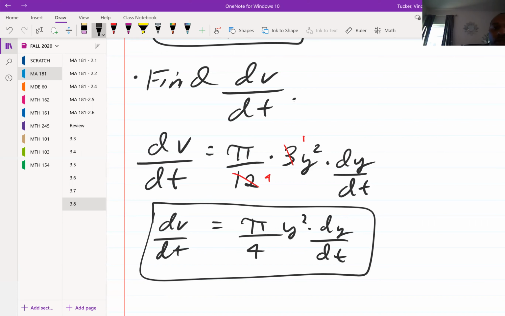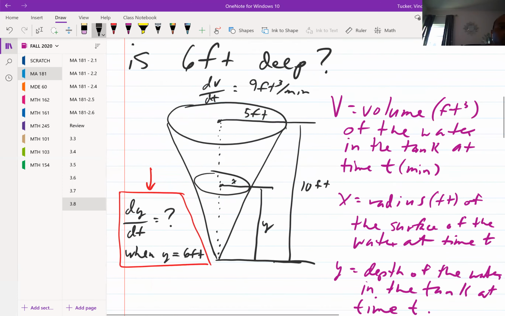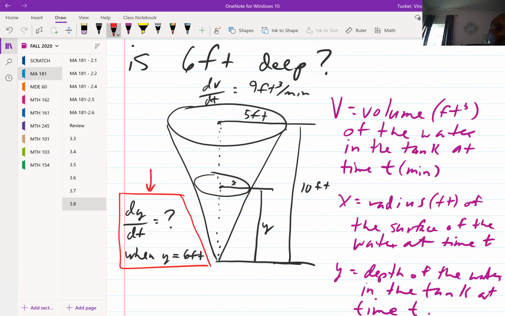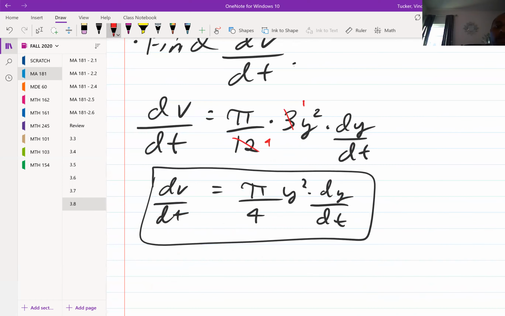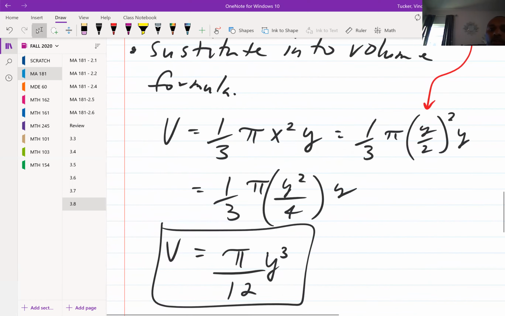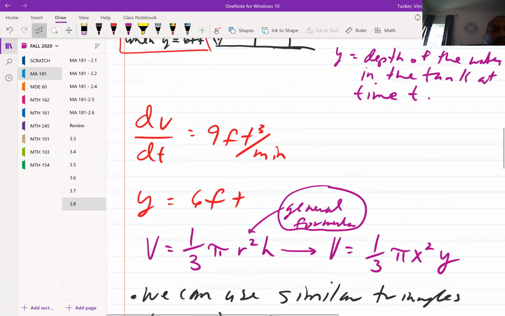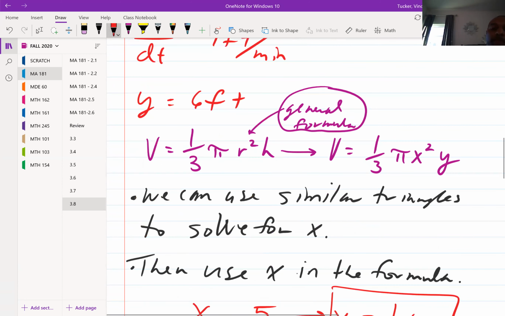Remember what we were looking for. If we scroll back up, we want to know what was dy/dt. So let's go back down, and you see we're setting ourselves up for it. Also remember, we had a rate for dV/dt, which is 9 cubic feet per minute.